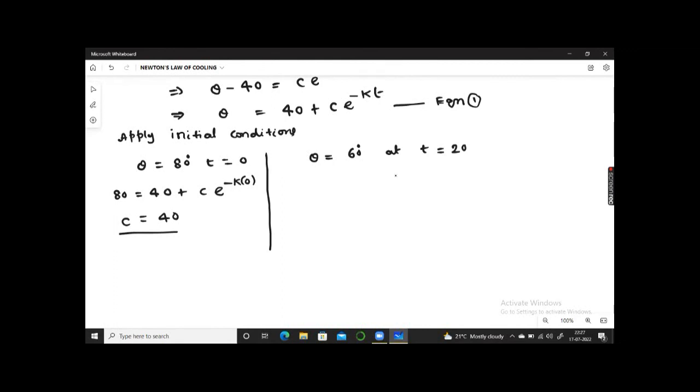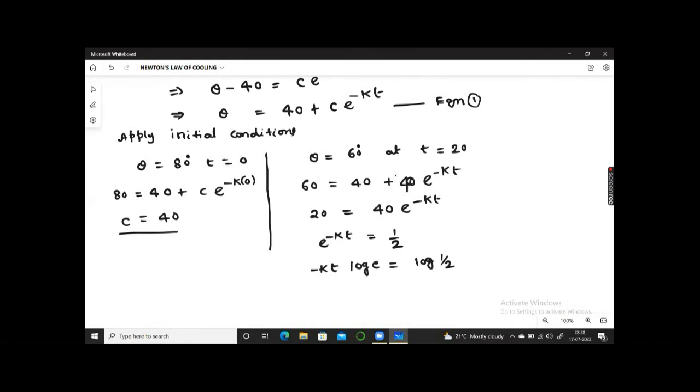So 60 is equal to 40 plus c into e to the power minus k into t, c we know already, 40. 60 minus 40, 20 is equal to 40 into e to the power minus kt. It means e to the power minus kt is equal to 1 by 2. Apply logarithm on both sides: minus kt log e is equal to log 1 by 2.